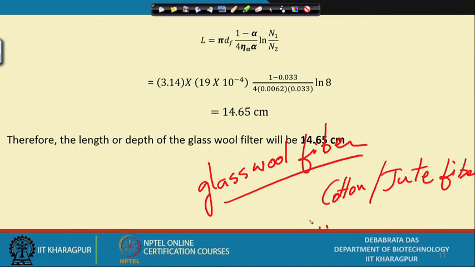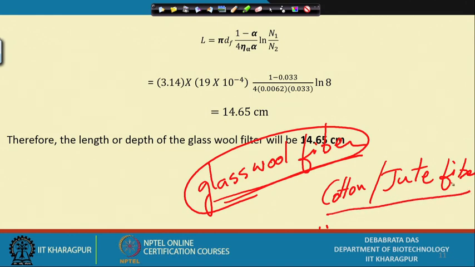The question comes, why do we go for glass wool fiber? The reason is that glass wool fiber can be reused again and again; we can sterilize it again and again. In case of jute fiber, if you regenerate it again and again, it becomes fragile. So you cannot use that.